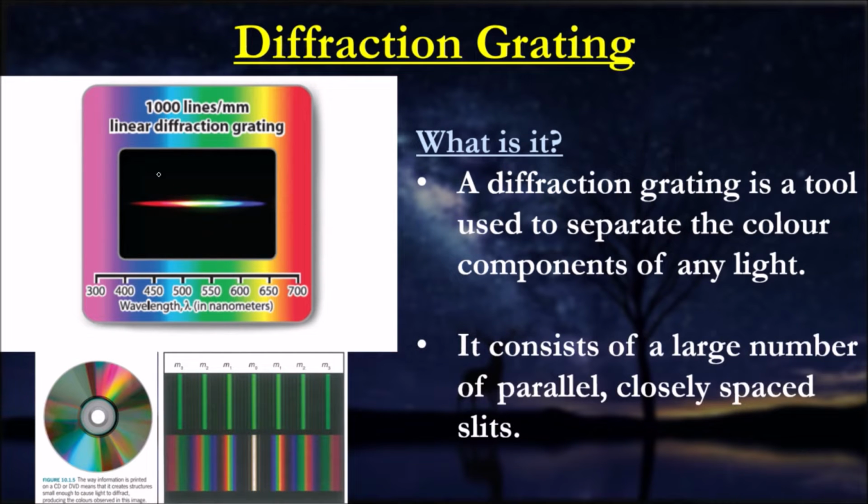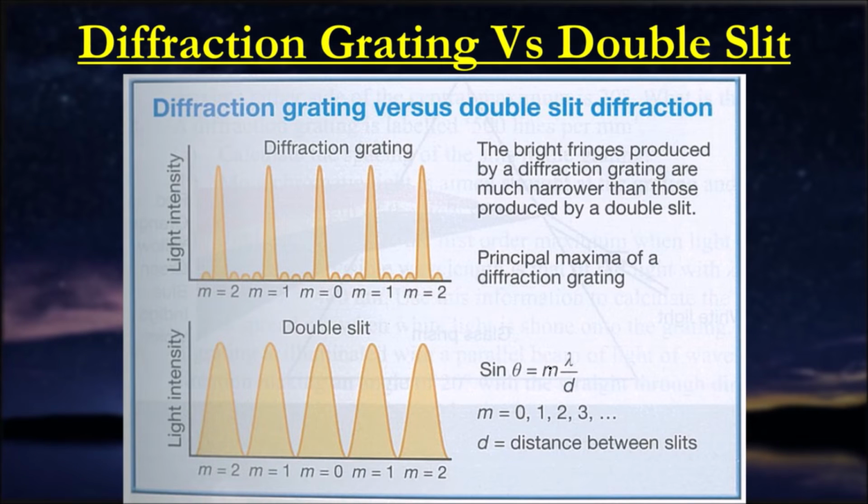Inside this grating, you might not see it, but there are some really fine little parallel lines that act as little slits inside the diffraction grating, and it actually spreads the light into different positions.